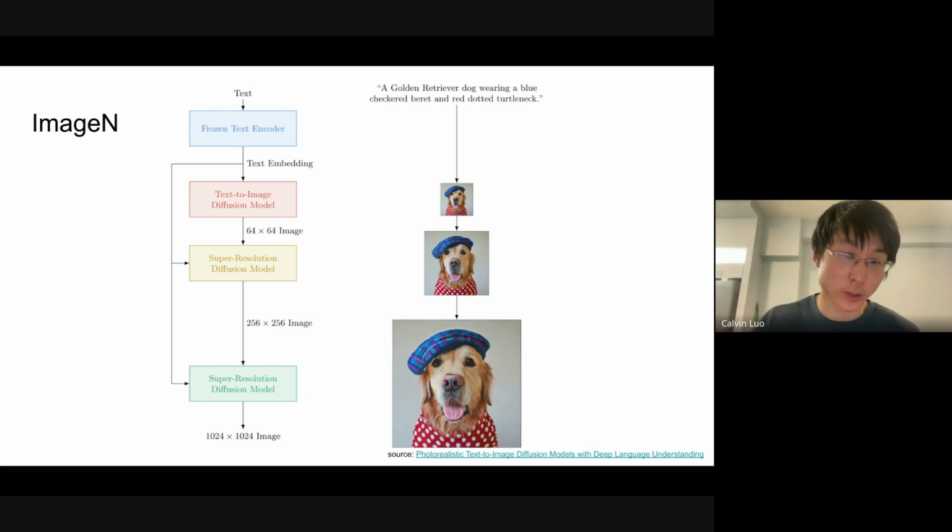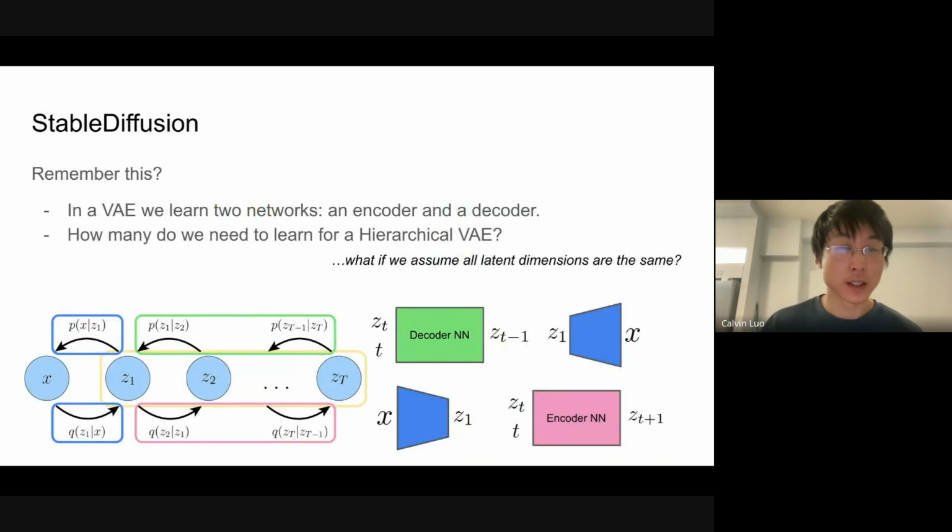Then a super-resolution model that brings that 64 by 64 image to 256 by 256, while also conditioning on text, and so on and so forth. So when you stack it, ultimately you just have a pipeline that will condition on text to produce a high-resolution image. And what about Stable Diffusion?